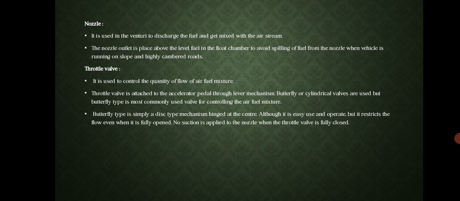Butterfly type is simply a disc type mechanism hinged at the center. Although it is easy to use and operate, it restricts the flow even when it is fully opened. No suction is applied to the nozzle when the throttle valve is fully closed.